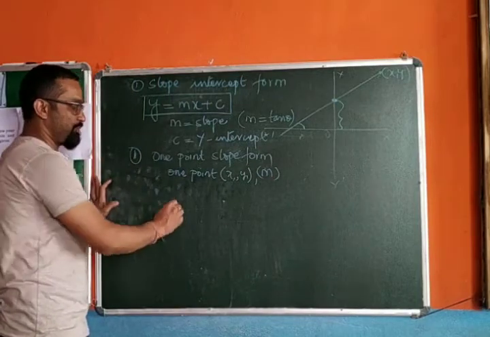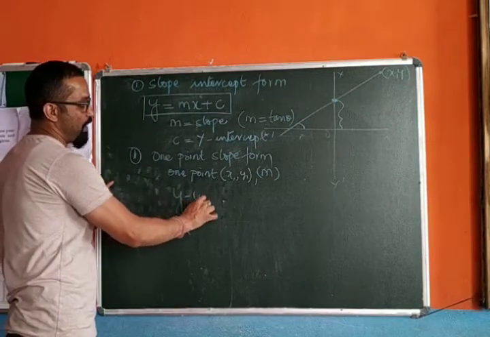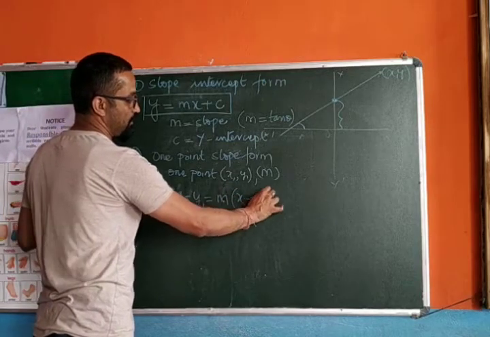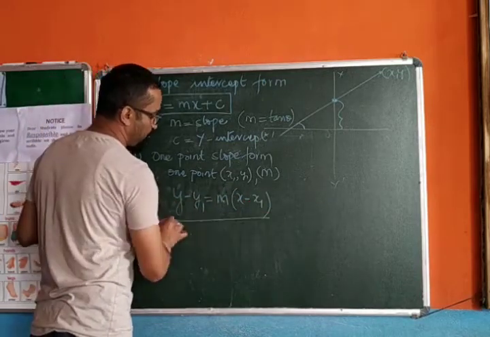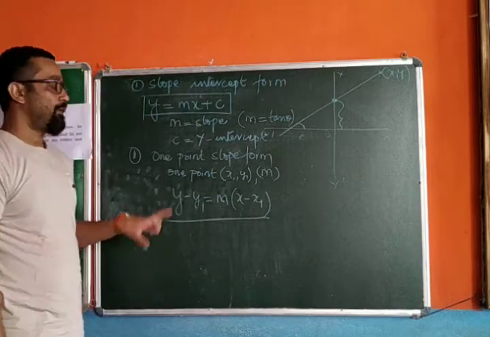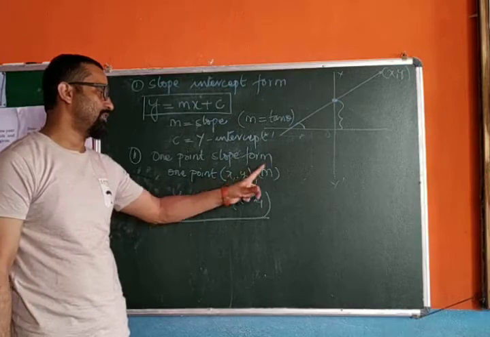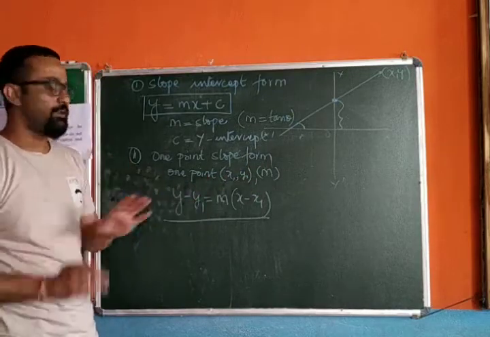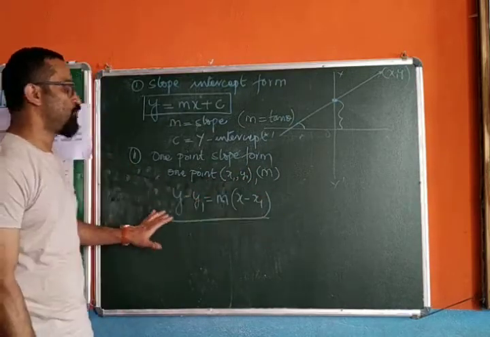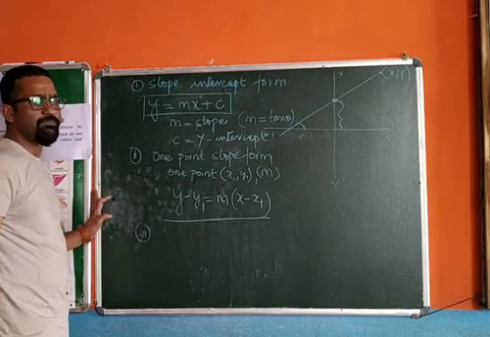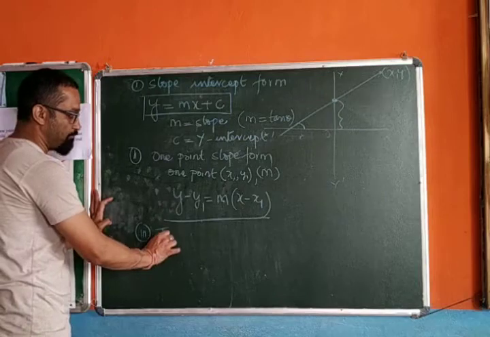Therefore, equation y minus y1 is equal to m bracket x minus x1. And this is very, very important formula to calculate equation of straight line because one point and slope will be known and you can get the equation using this. Formula number 3. It is called two-point form.